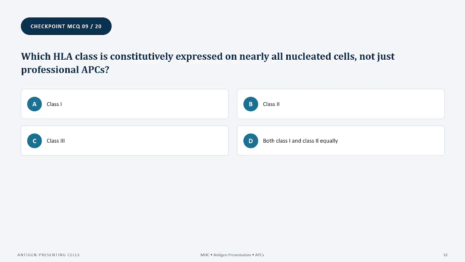Now, which HLA class is constitutively expressed on nearly all nucleated cells, not just the professional APCs?